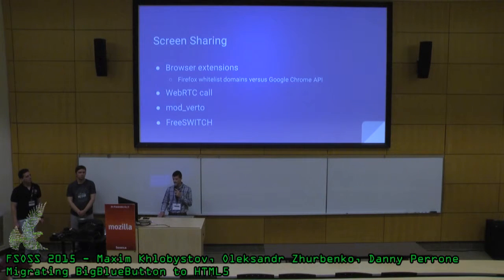Your web page will communicate with the extension. It will send messages back and forth and say that it wants to request the user screen. That extension will then receive that message and communicate with Google Chrome itself, the extension level API.